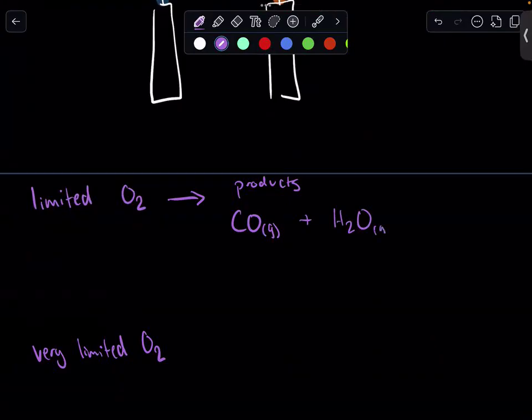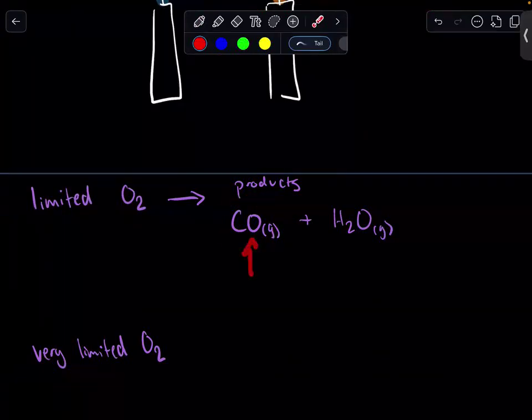You'll notice that the lack of oxygen in our reactants leads to a lack of oxygen in our products, which makes sense, specifically in the carbon product. We went from CO2 to CO, or carbon monoxide. From this, we can make a prediction that in a very limited environment, we're going to end up with just carbon plus H2O.